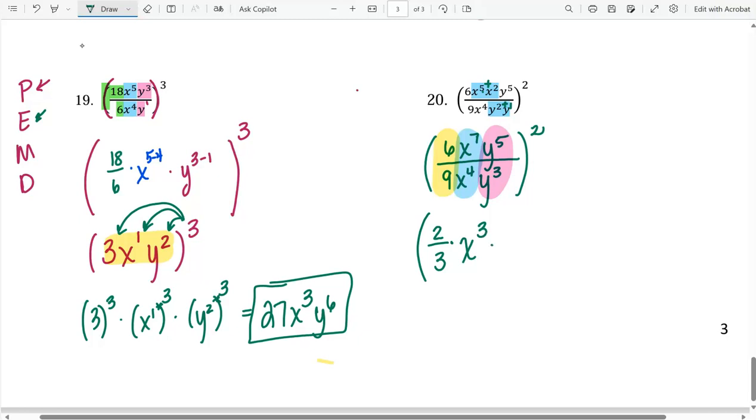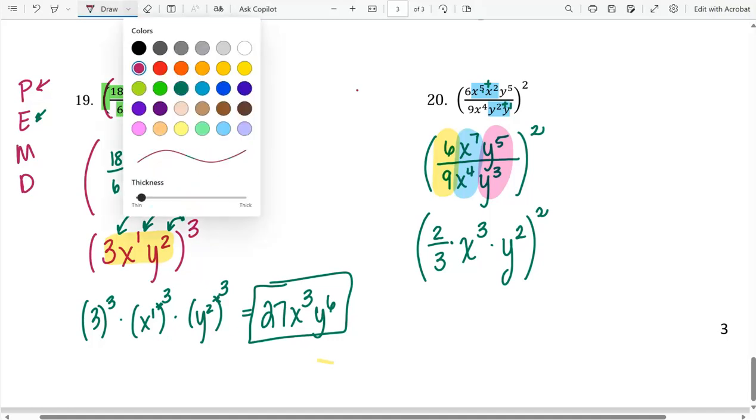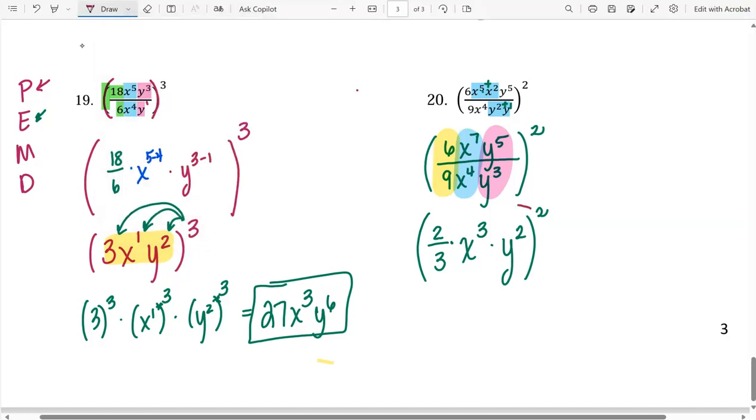For my y's, I can write my y base one time. And again, because they're being divided, let's subtract. 5 minus 3 is 2 as an exponent.